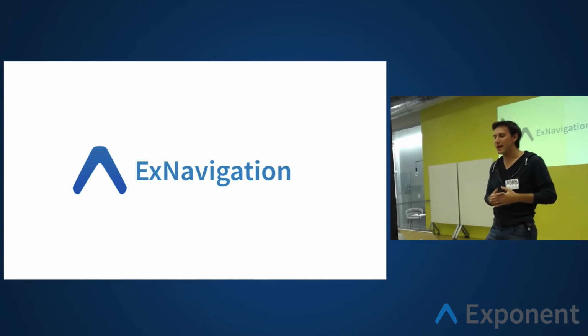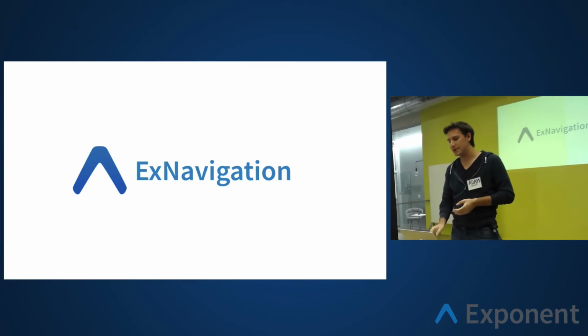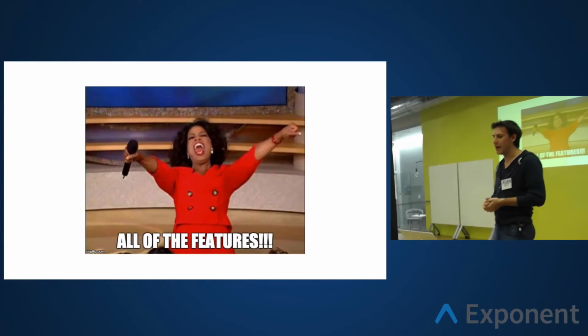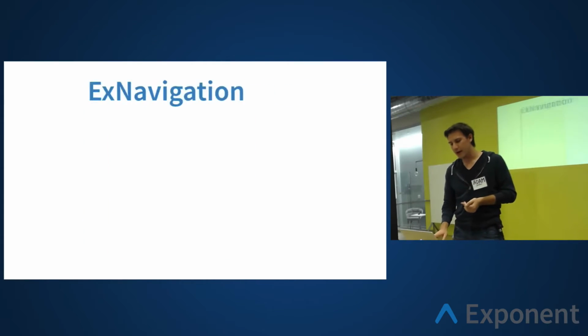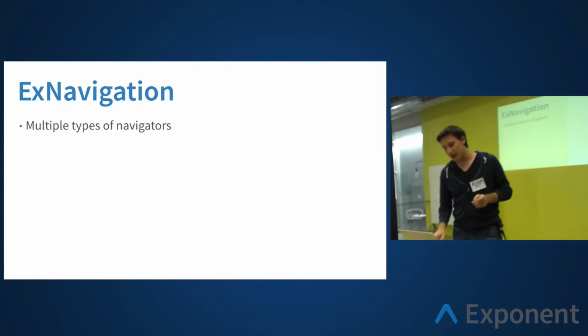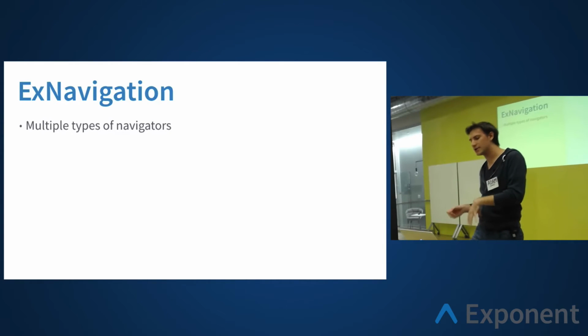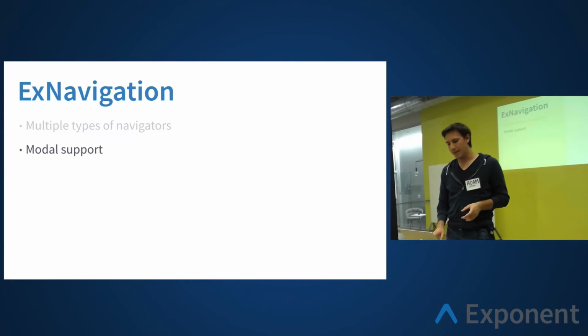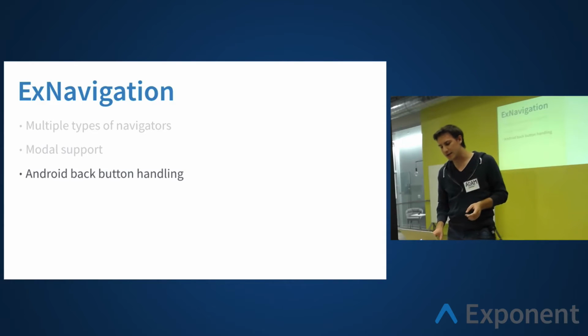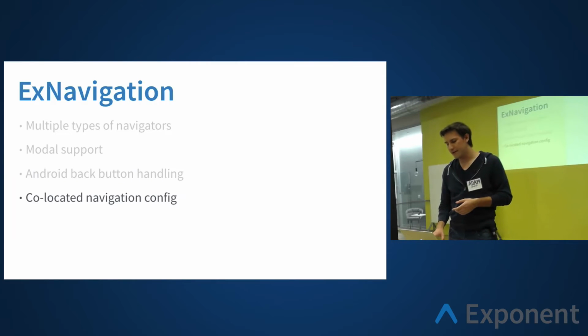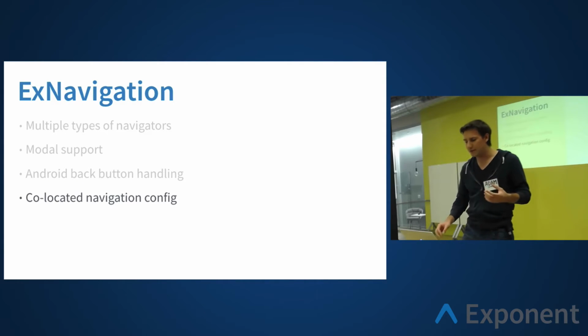It's an opinionated navigation library, similar in some ways to XNavigator, in that it's route and screen-based and provides a similar API. But it's completely rewritten and supports much more, including, but not limited to, tab navigation, sliding drawer navigation, sliding tab navigation, modals, out-of-the-box Android back button handling, and co-located navigation configuration.